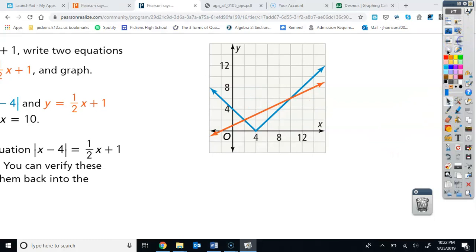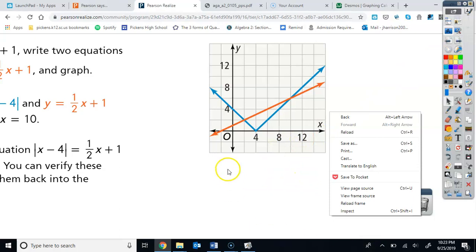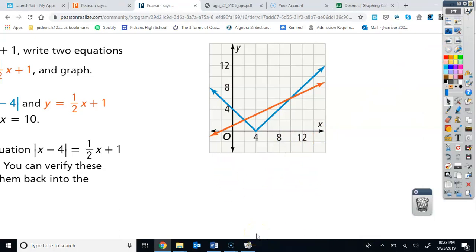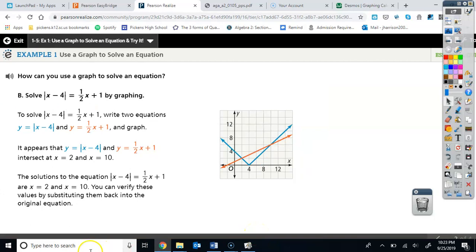So if you look at this solution here, you will notice that it tells me that I have two answers. One is when x is equal to 2 right here, and then another when x is equal to 10.